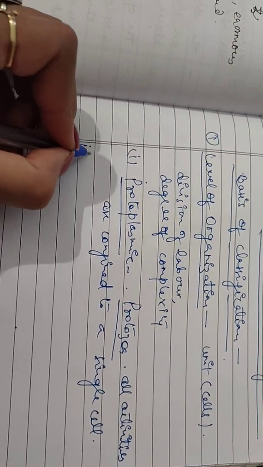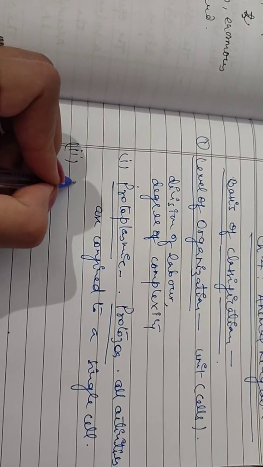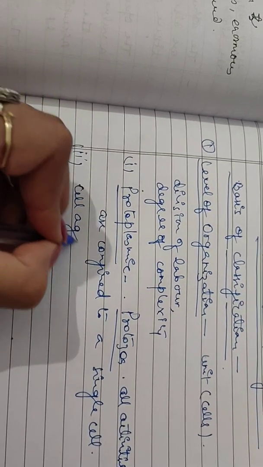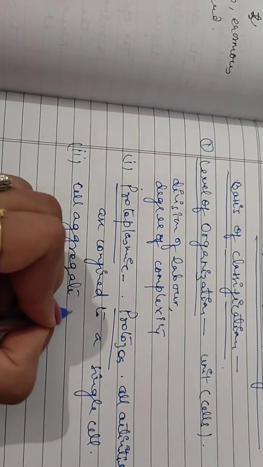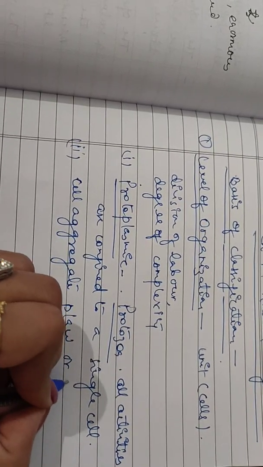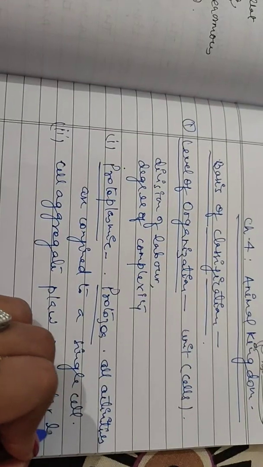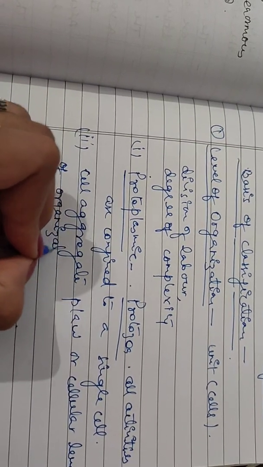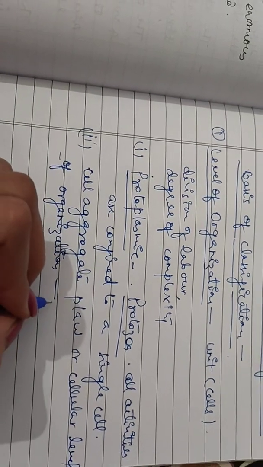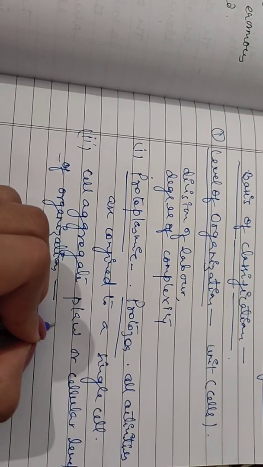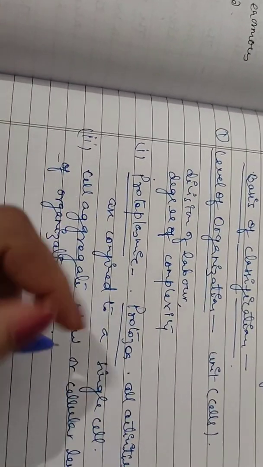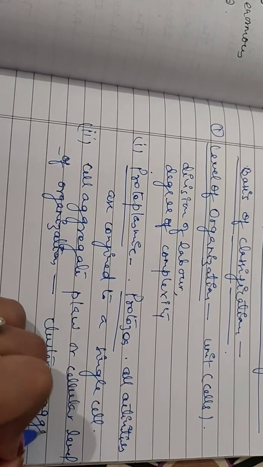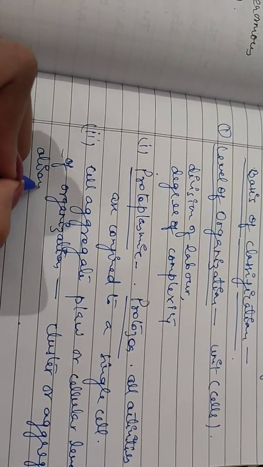Then second, which we have to study in detail in this chapter, is the cellular level of organization, also known as the cell aggregate plan. In this, the body consists of a cluster or aggregation of cells.